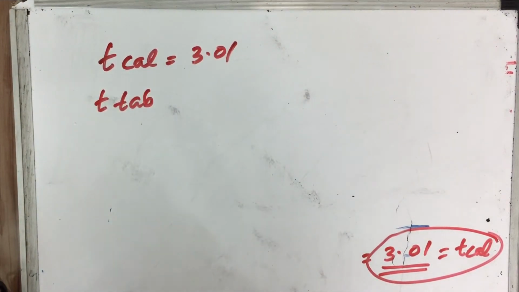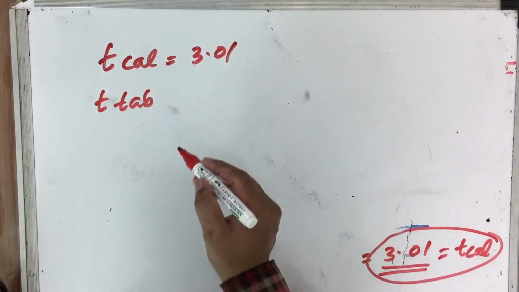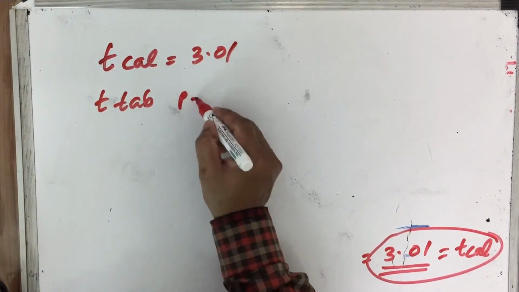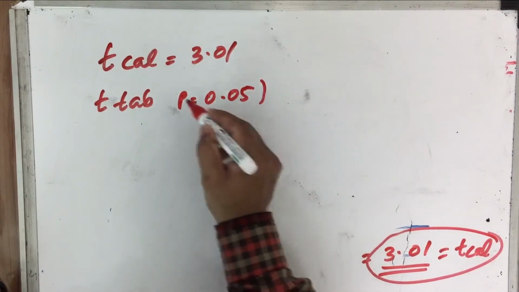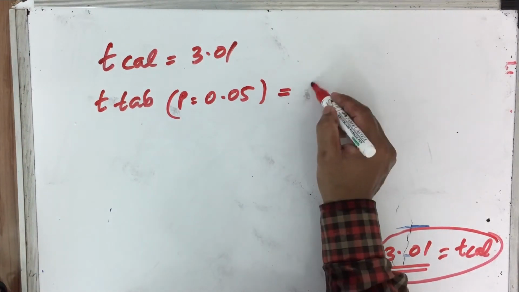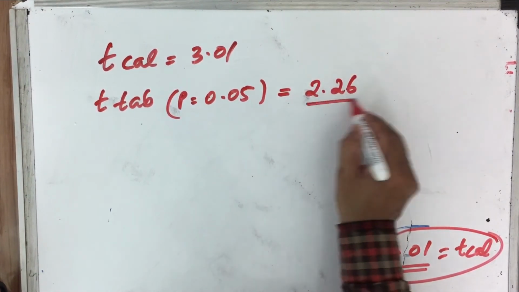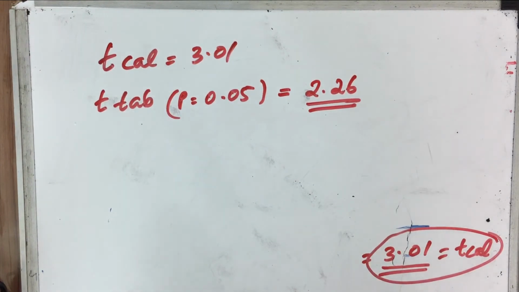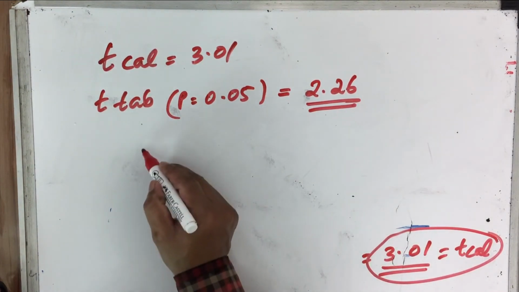So the T table value with the confidence level of P is equal to 0.05, that is with 95% confidence interval for an n-1 degree of freedom. So n is equal to 10, n-1 degree of freedom is 9. You look at the value on the T table, that value is going to be 2.26.